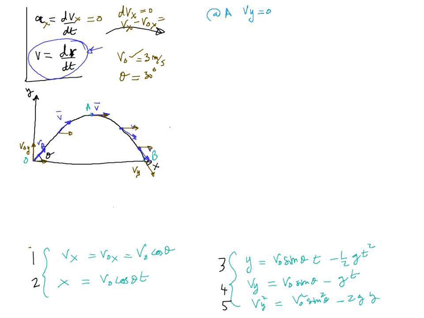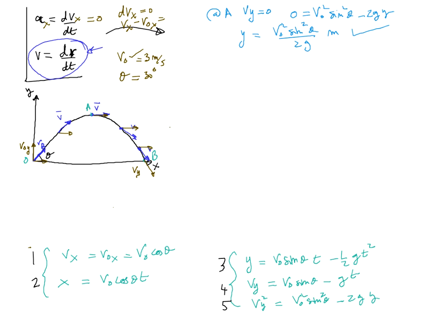Hence, equation 5 becomes 0 is equal to V0 squared sine squared minus 2gy. Or y is equal to V0 squared sine squared divided by 2g. Bang! Obviously positive because A is above our x-axis. Perfect. See, just as easy as 1D. Piece of cake.